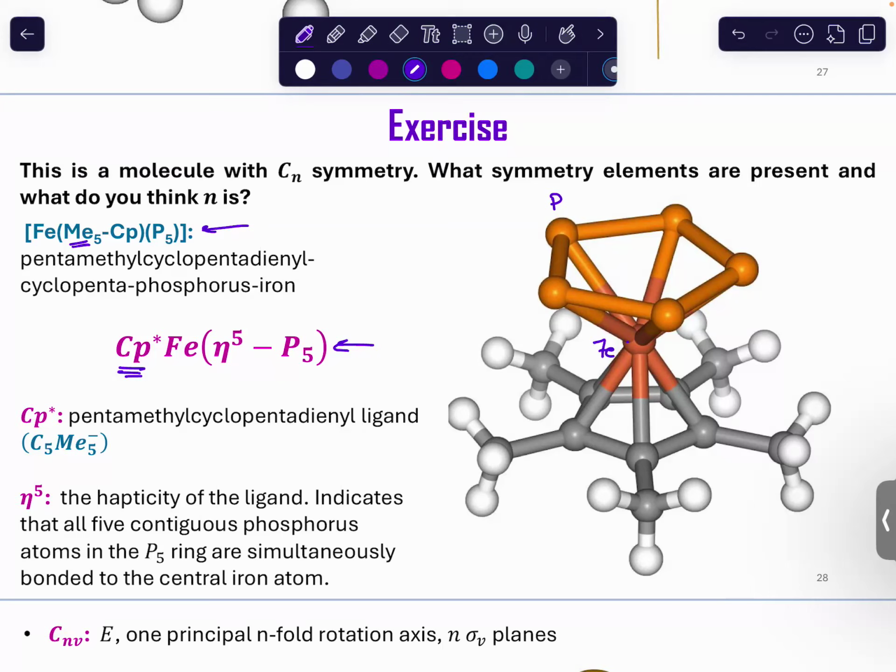Now, what symmetry elements do you see? Would it be C5? Okay, so. Like if I do one right down the middle? Yep, you have a C5.